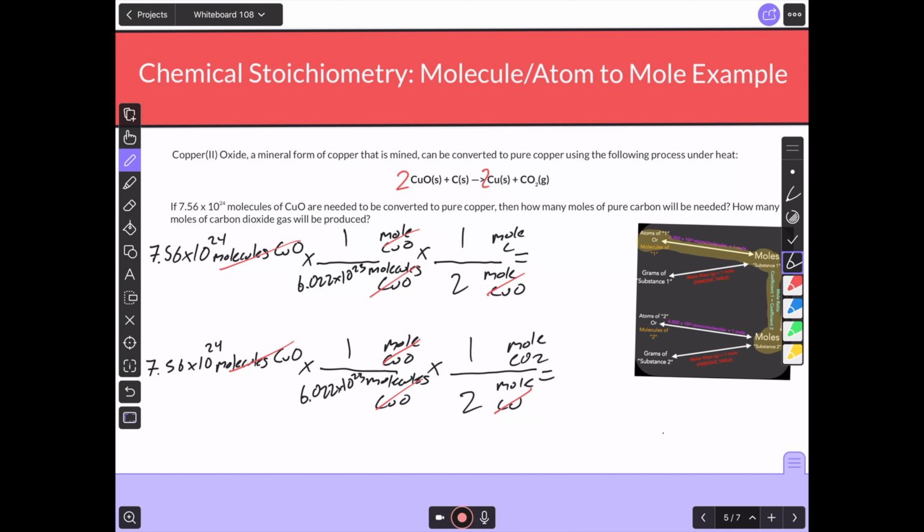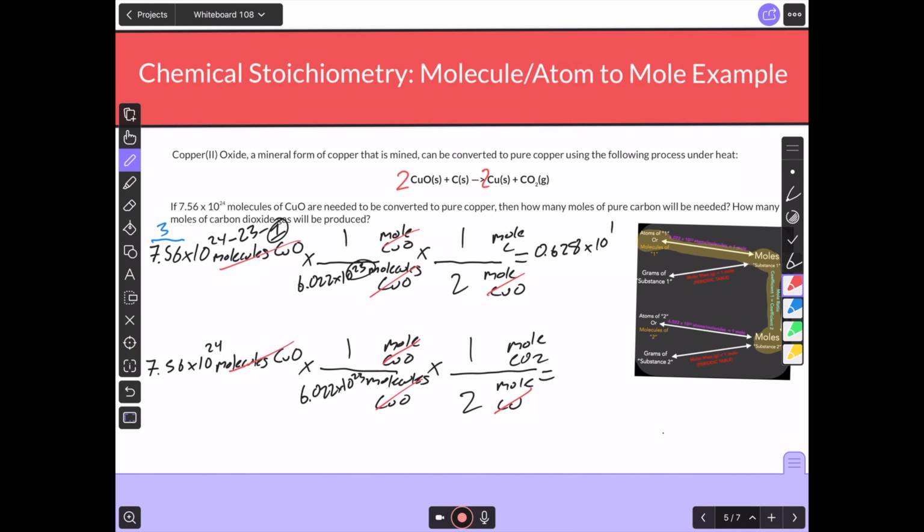This is going to be 3 sig figs. I get 0.628. That's going to be 24 minus 23, because of this guy, which gives us 1. So that'll be our exponent, times 10 to the 1.